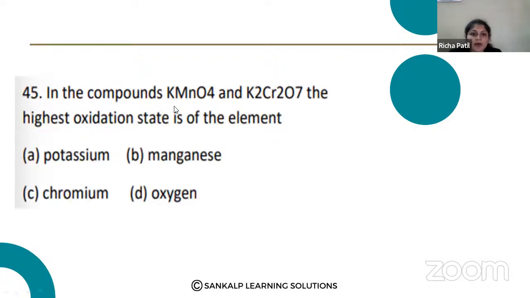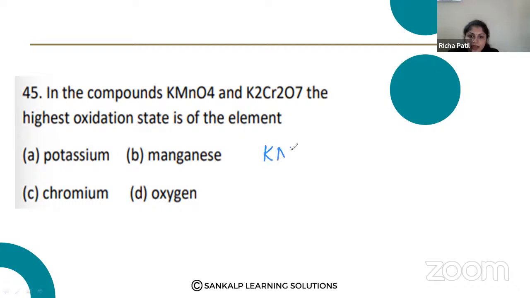Next, in the compounds KMnO4 and K2Cr2O7, the highest oxidation state is of which element? Now we have to find the oxidation state in both cases.